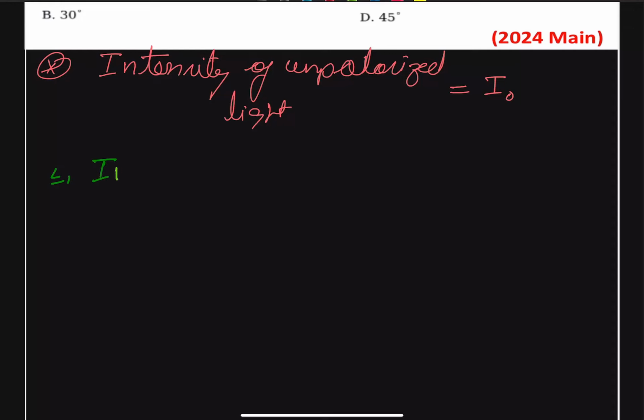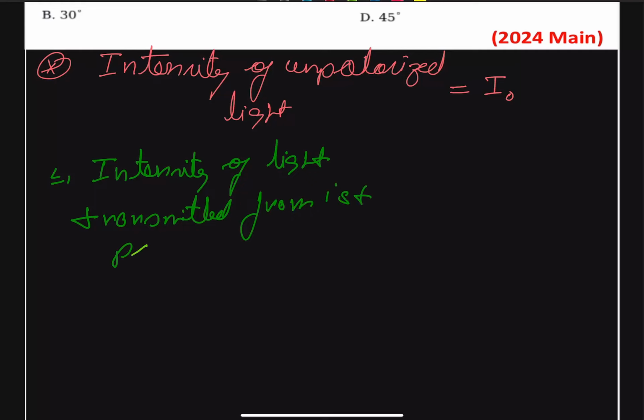The intensity of light transmitted from the first polaroid is given as I1, and this I1 will be equal to I naught divided by 2.